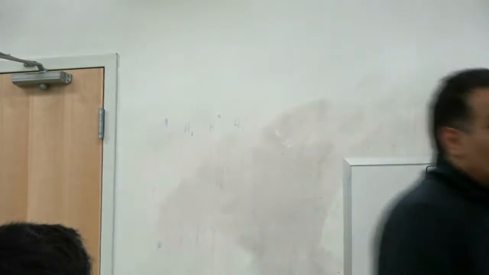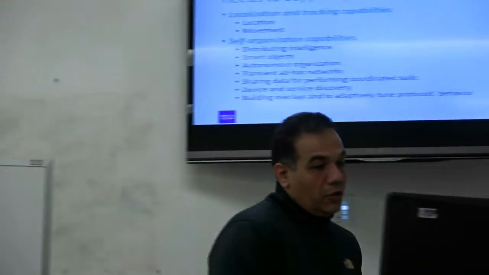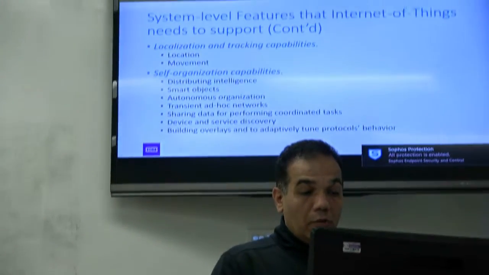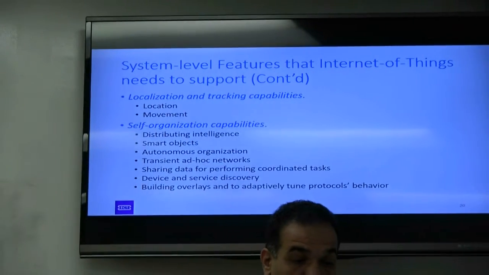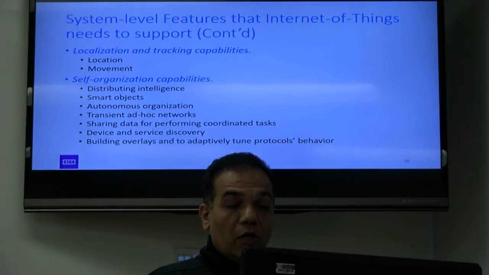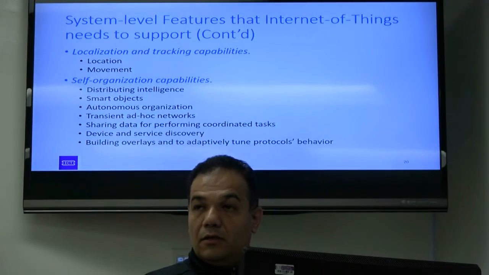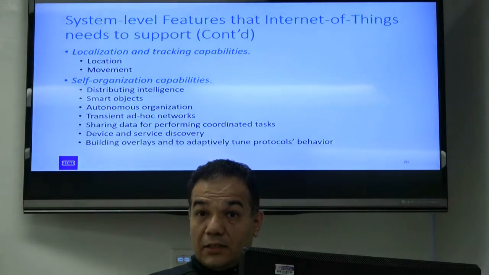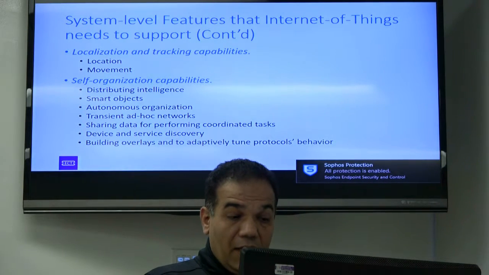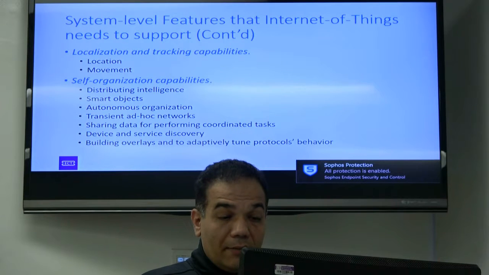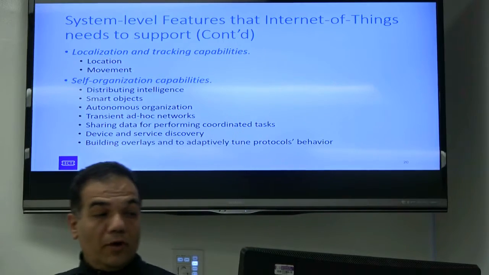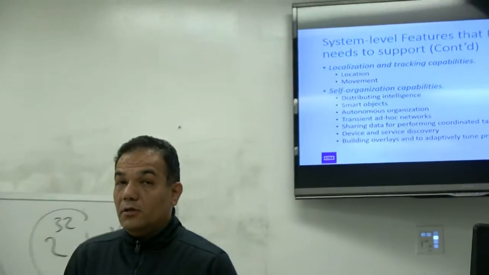Distributing intelligence, smart objects, autonomous organization, transient ad hoc networks, sharing data for performing coordinated tasks, device and service discovery, building overlays, and adaptively tuning protocols and behavior. These are all part of self-organization capabilities.